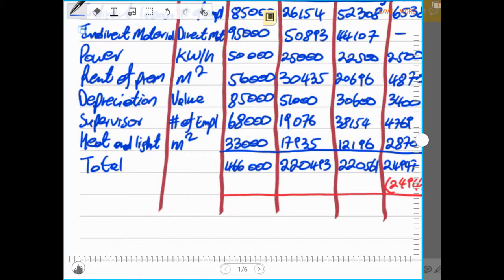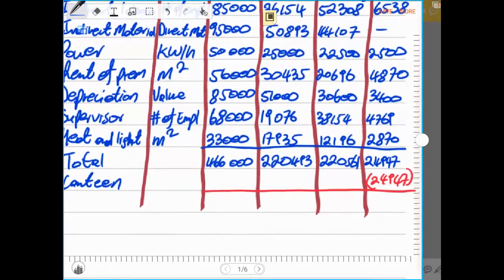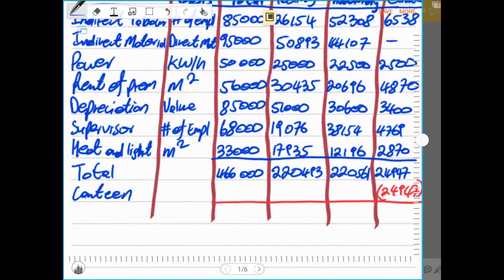Then we are allocating canteen, and we have to allocate it using the bases that are given.